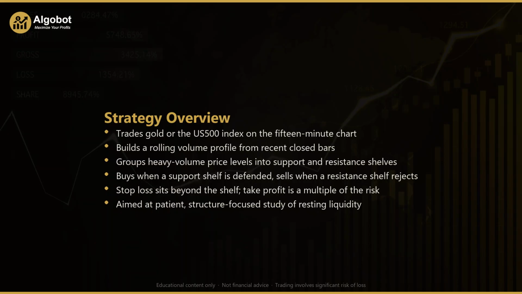Two extra filters keep only the meaningful clusters. A shelf must span a minimum number of buckets, and it must carry a minimum share of the total volume. A shelf that sits below the current price is read as hidden support, where buyers have been defending inventory. A shelf that sits above price is read as hidden supply. The strategy keeps the nearest of each and waits.